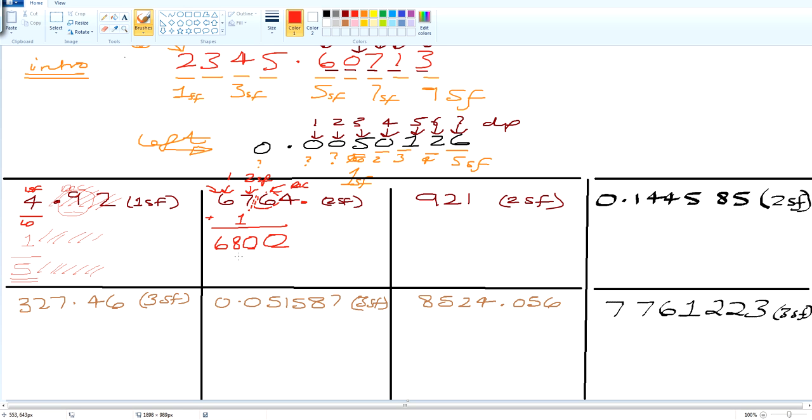So we filled from here to here, up to the decimal point, with zeros. The next number, 921. Your first significant figure is your first non-zero digit, starting from the left. First and second SF. So we stop there. That becomes our last digit. The next one becomes our decider. Now the decider is less than 5. So what do we do to the last digit? We leave it alone.